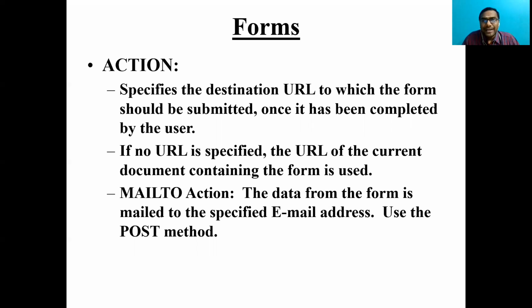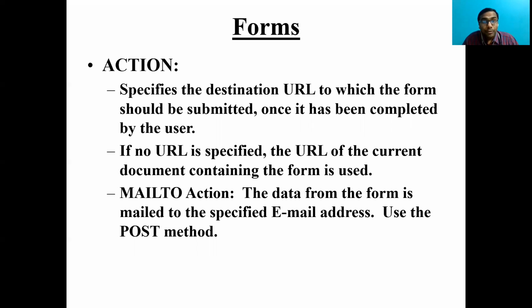So what do you mean by action here? The destination URL to which I'm going to submit the form, I have to mention in the attribute action. If no URL is specified, the URL of the current document containing the form is used.